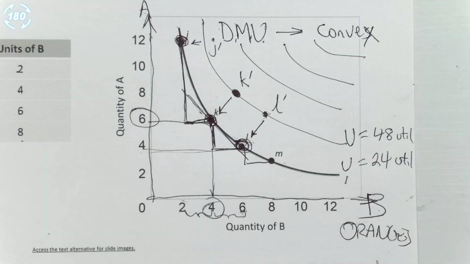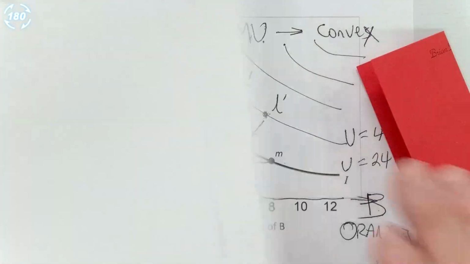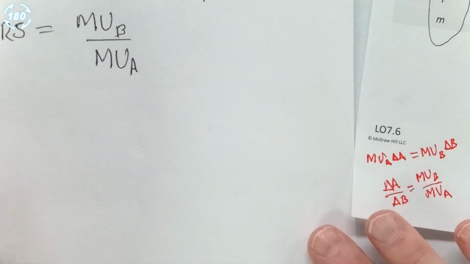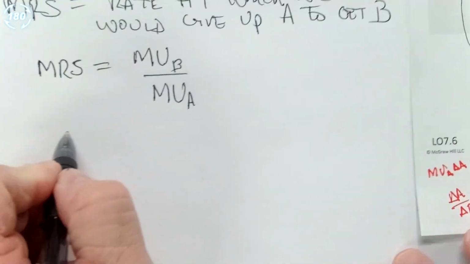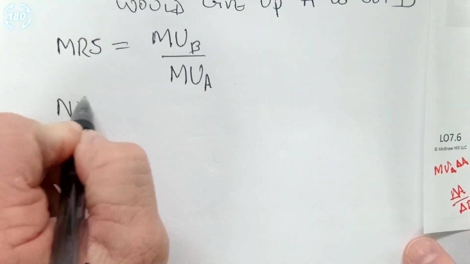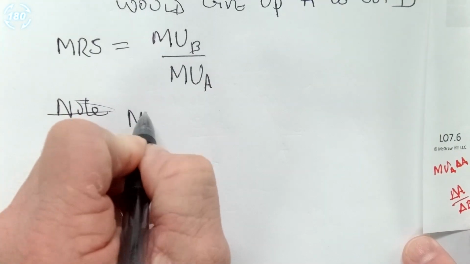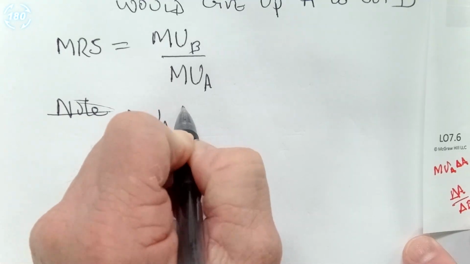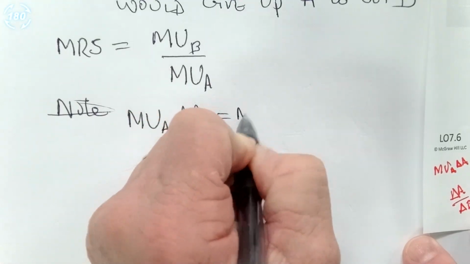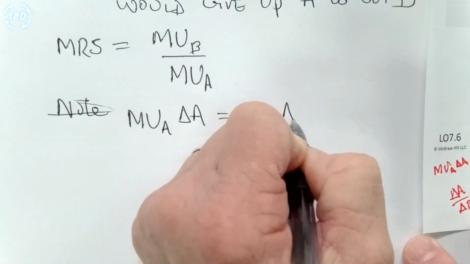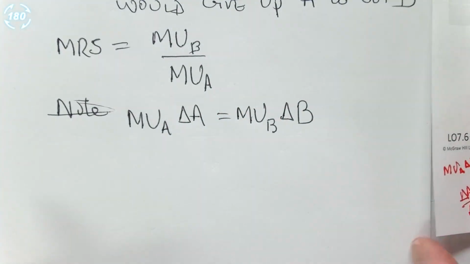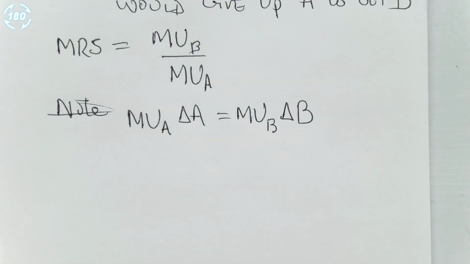And I would just say this, that if this doesn't make sense, that's okay. I just say note that the marginal utility of A times the change in A is the marginal utility of B times the change in B between 2 points on the same indifference curve.